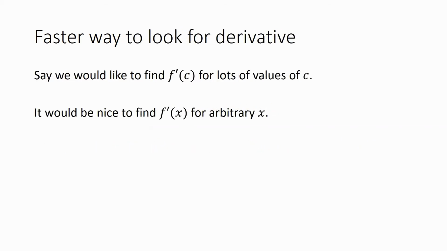Another method we could use to find a faster way to look for the derivative is to do lots of derivatives all at the same time. So let's say we wanted to find a derivative at a value of c, but not just at one value of c. Let's pretend I wanted to find it at lots of different values for c.